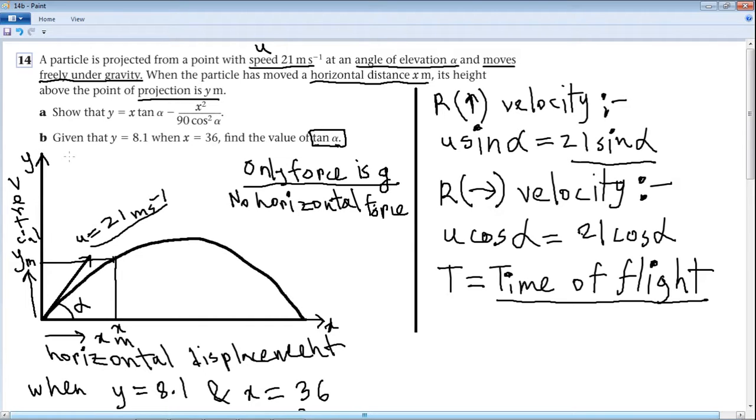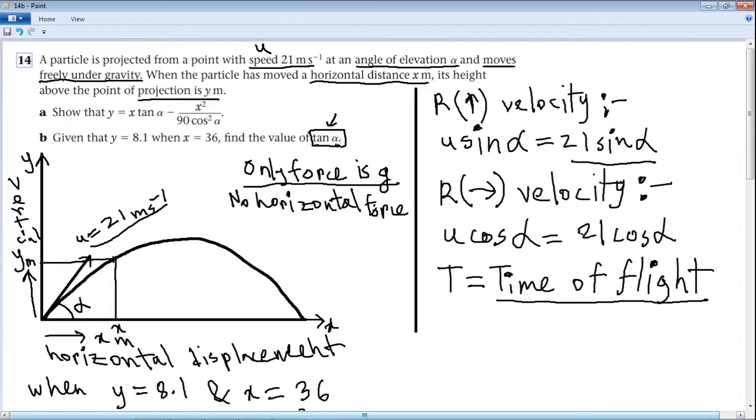Okay, let's read the question. In part B it says, given that y equals 8.1 and x equals 36, find the value of tan alpha. There is one thing we need to be careful about.